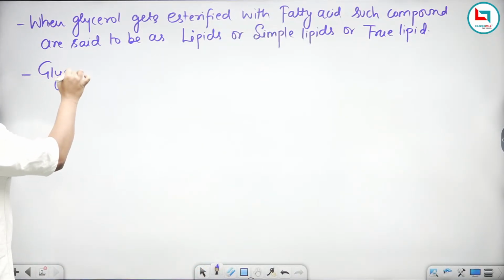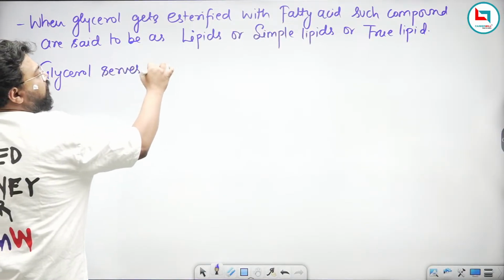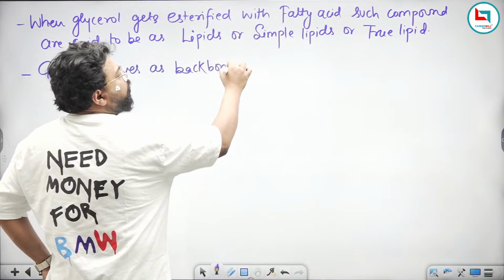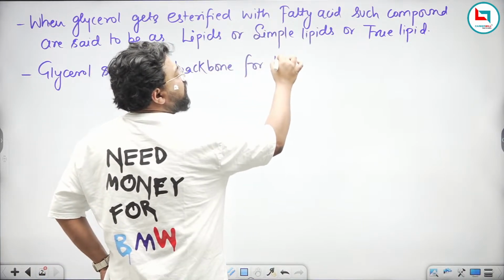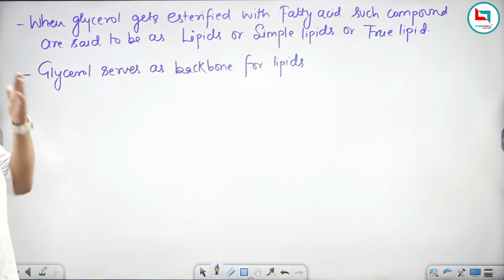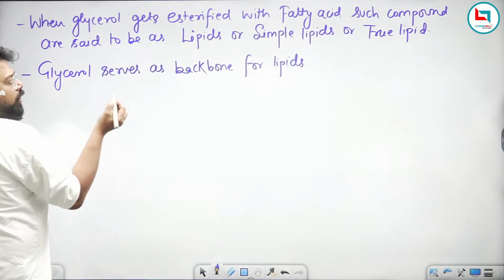Glycerol serves as the backbone for the lipid molecule. So basically the glycerol molecule acts as a backbone in which these fatty acids get esterified and form a new molecule known as lipids, or commonly we call them fat, but in general fats are a different molecule. I'll explain it later. Now let us again look at the diagram.